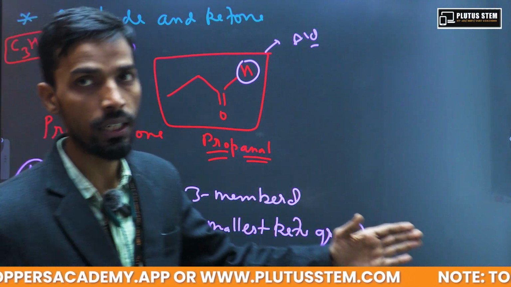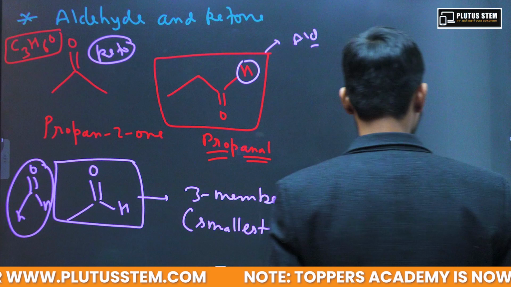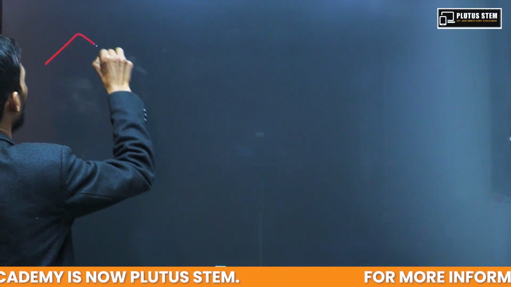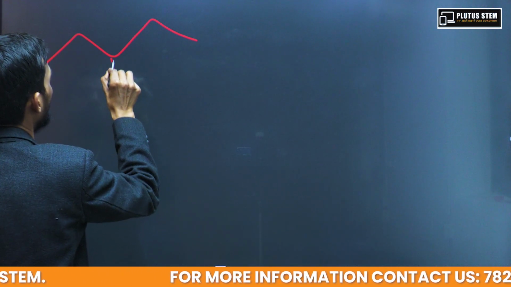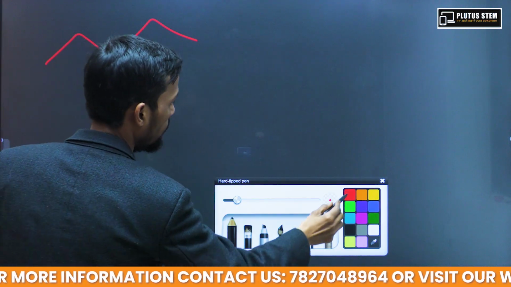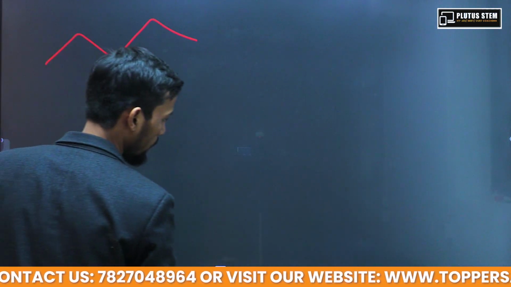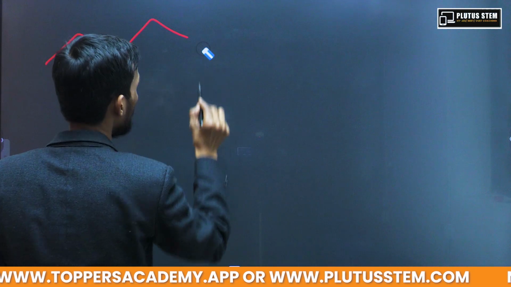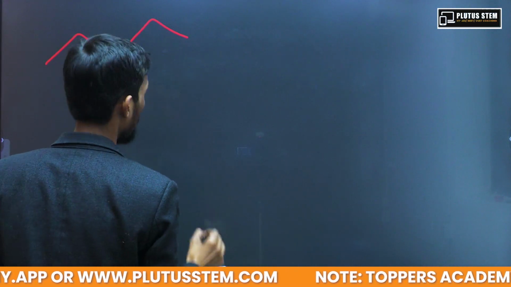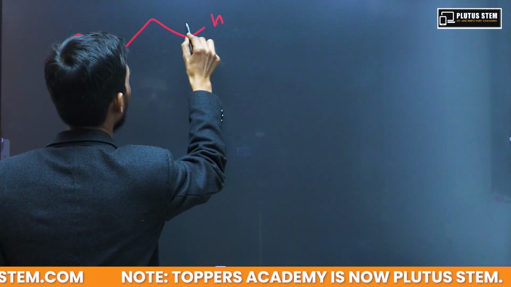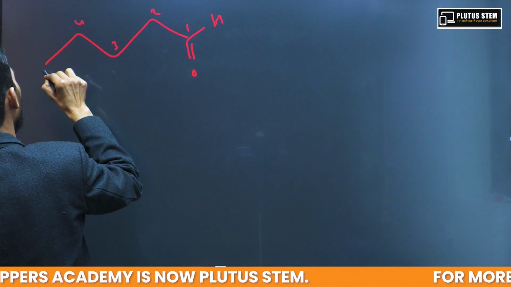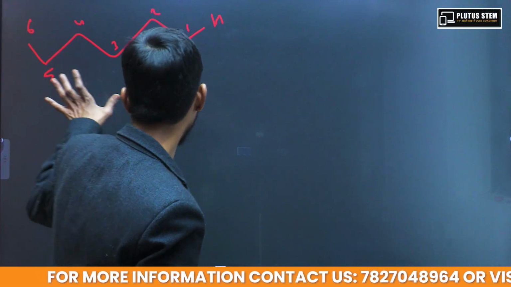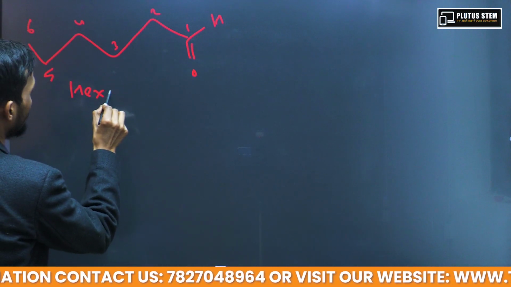But the higher member chains are going to show functional group isomerism, like this. If we are having, like this, 1 2 3 4 5 6, it is a 6-member chain, and the name of this compound is hexanal.